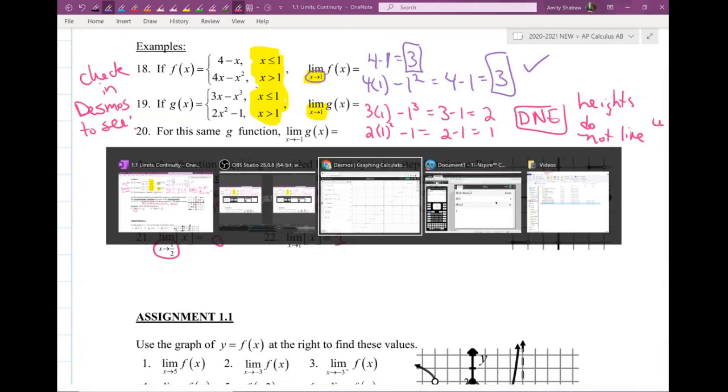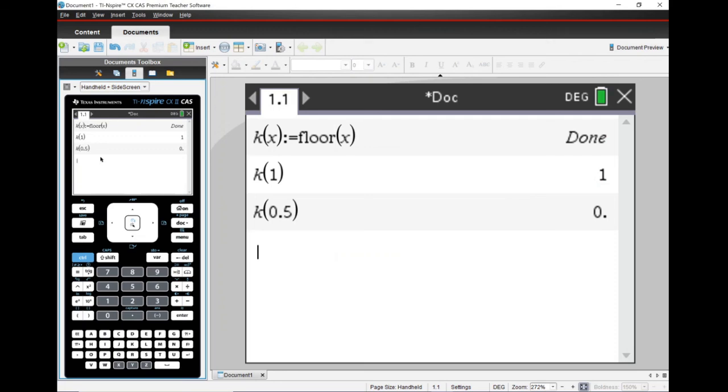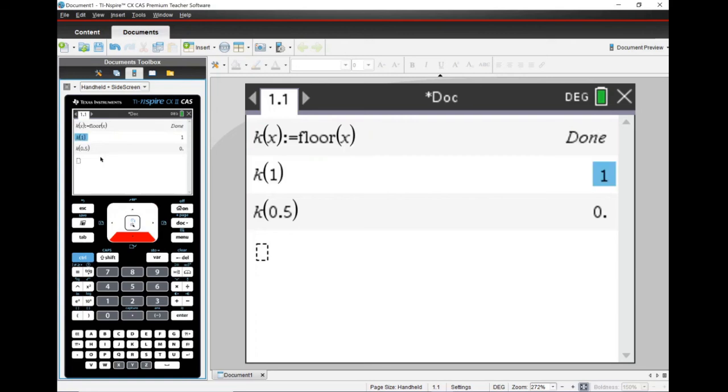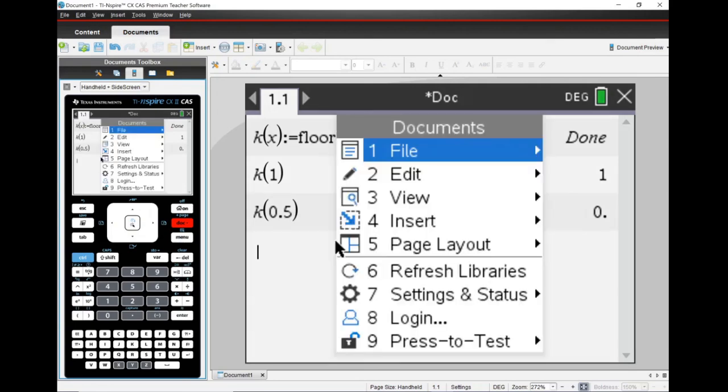And I also think it's worth mentioning that you could set a function in Desmos to be the floor function, and then you can plug in whatever values you're interested in using. So k of 3.25, you would get a 3. You also, by the way, could create a graph of this. And so I want to add a new page.